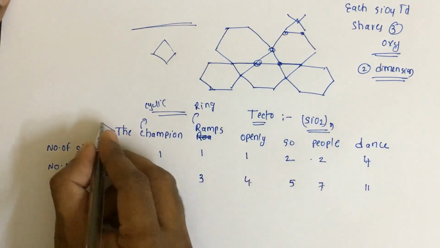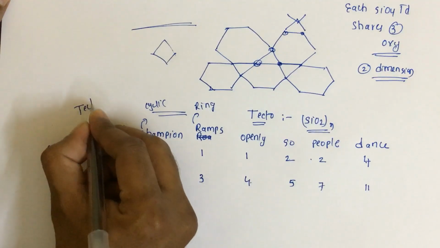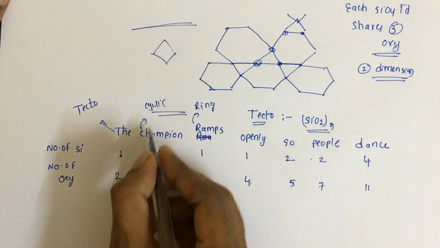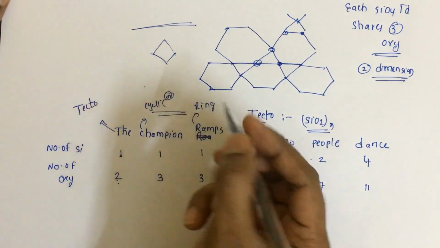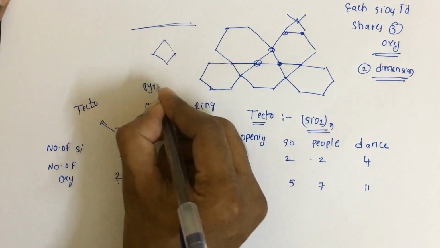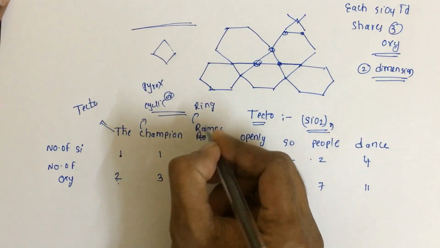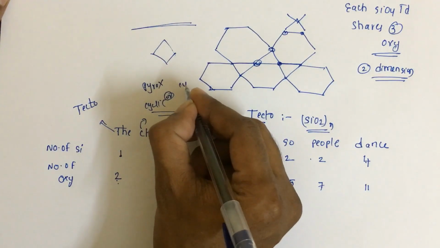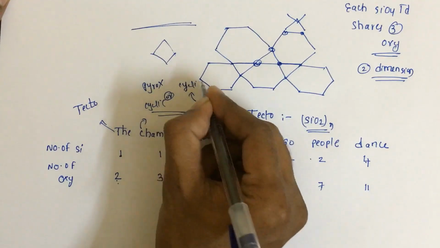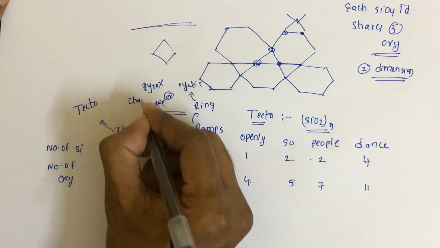So T means tectosilicate or three-dimensional silicate, C means chain or pyroxenes, R means ring or cyclic. Sorry, C is chain.